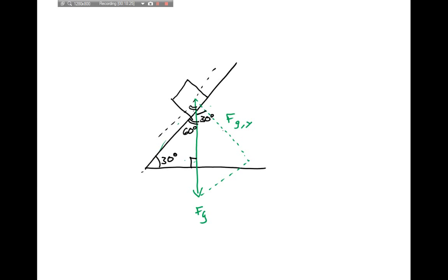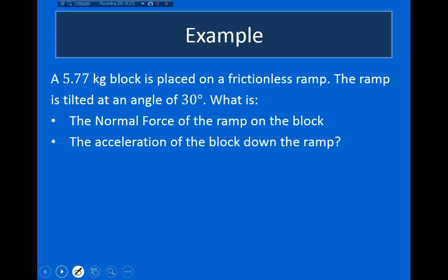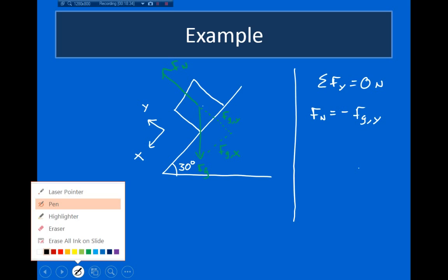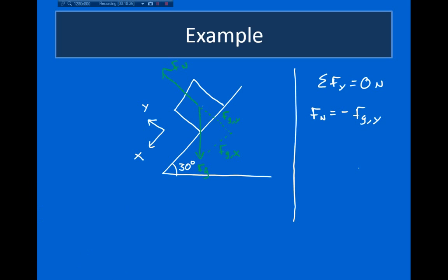So let me go back to the problem, and let me just draw this vector right here, kind of blown up. What we have here is the force due to gravity, and we have a component that's in the y direction, and a component that's in the x direction. And this angle up here is 30 degrees.